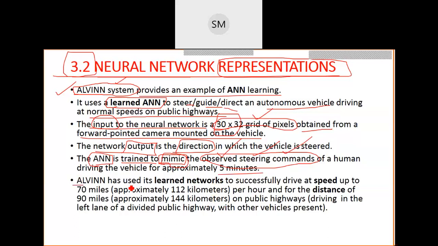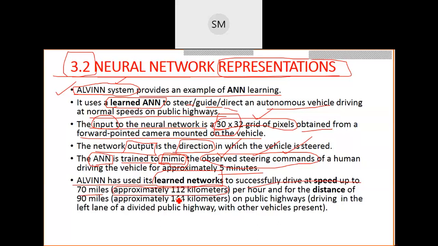So ALVINN has used this learned artificial network to successfully drive the car at a speed of 70 miles per hour. 70 miles per hour is almost 112 kilometers per hour, which is a normal speed at which we drive the car on highways.